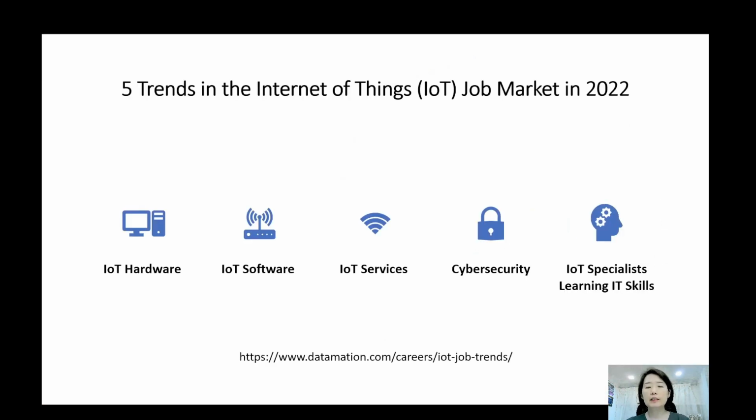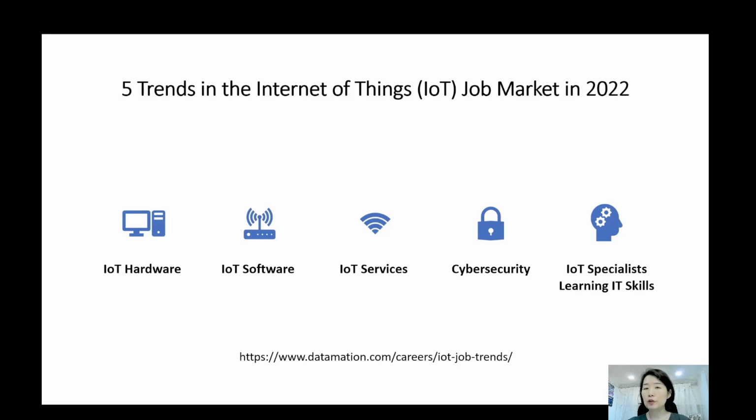Five trends in the Internet of Things (IoT) job market in 2022. The first will be IoT hardware. We need experts to maintain the hardware. Also IoT software and IoT services, to find out what kind of services can be supplied or provided to the customer.